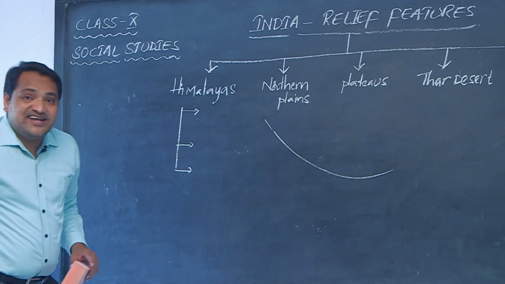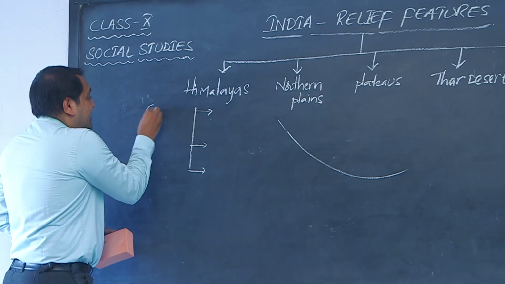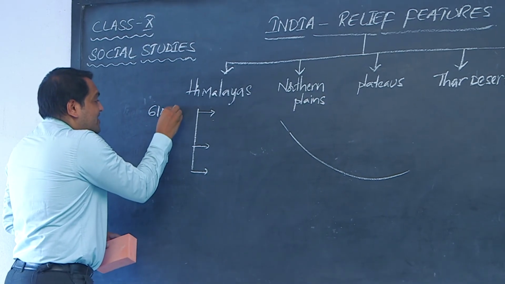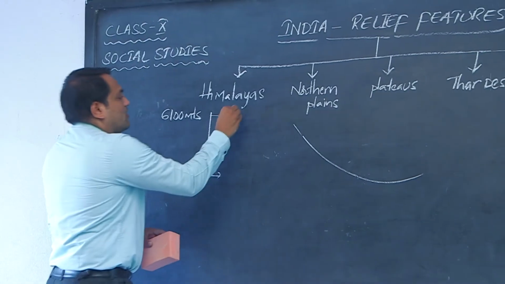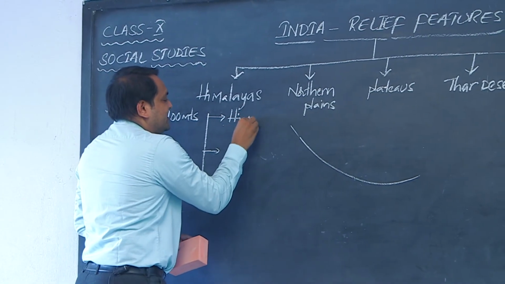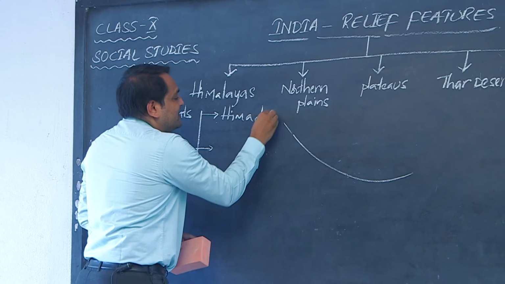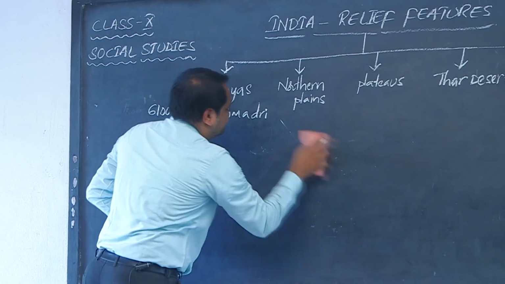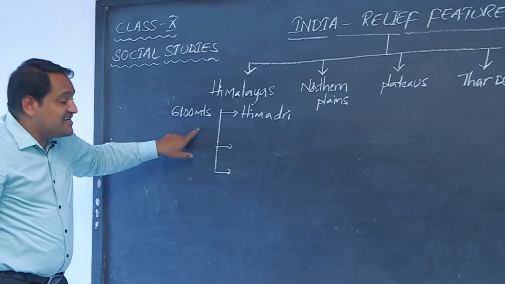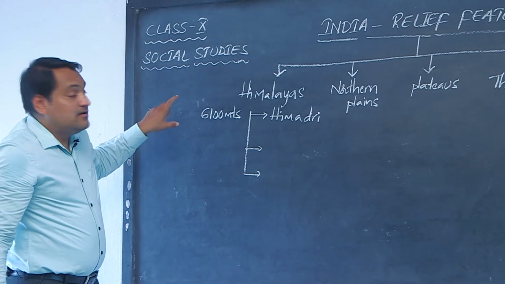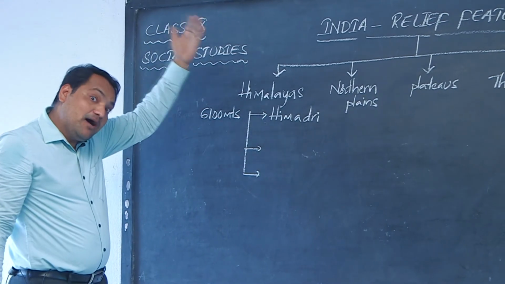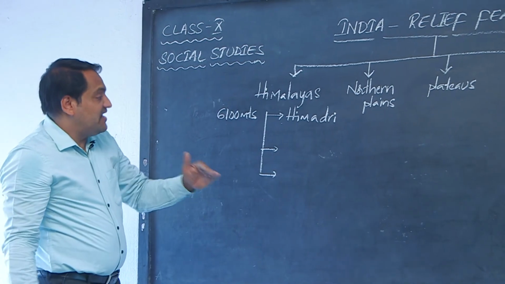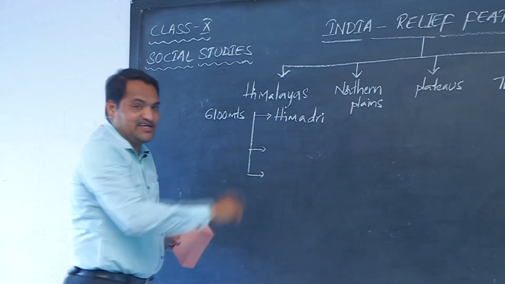The mountain ranges that are more than 6,100 meters above the mean sea level are called Himadri or Greater Himalayas.